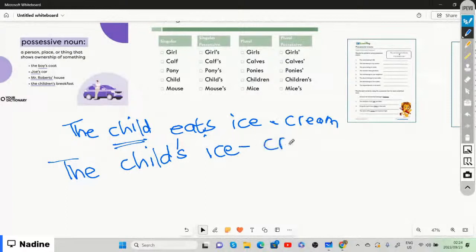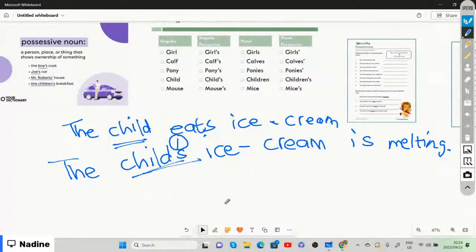Right? Which means that this shows position. There we have our apostrophe and s. So that is singular and also a singular possessive.